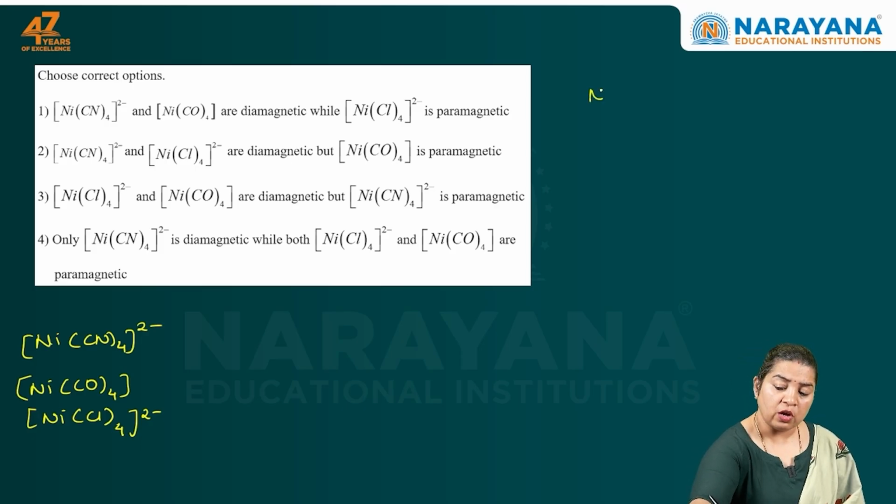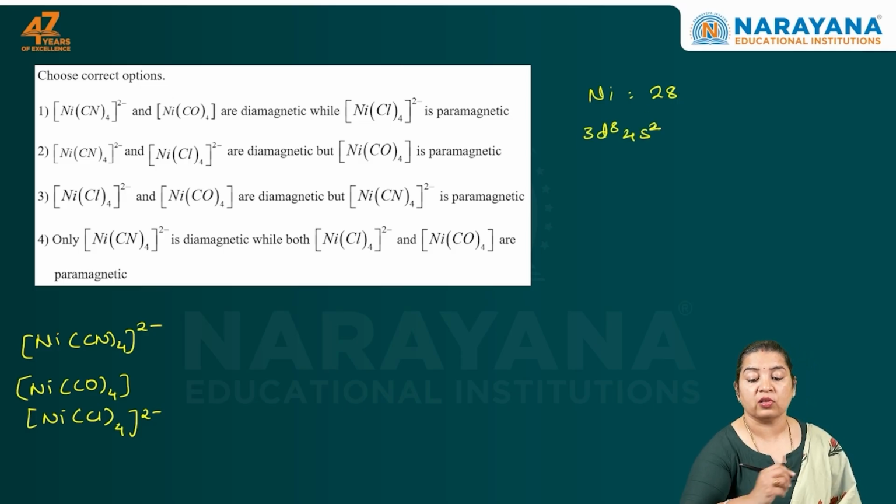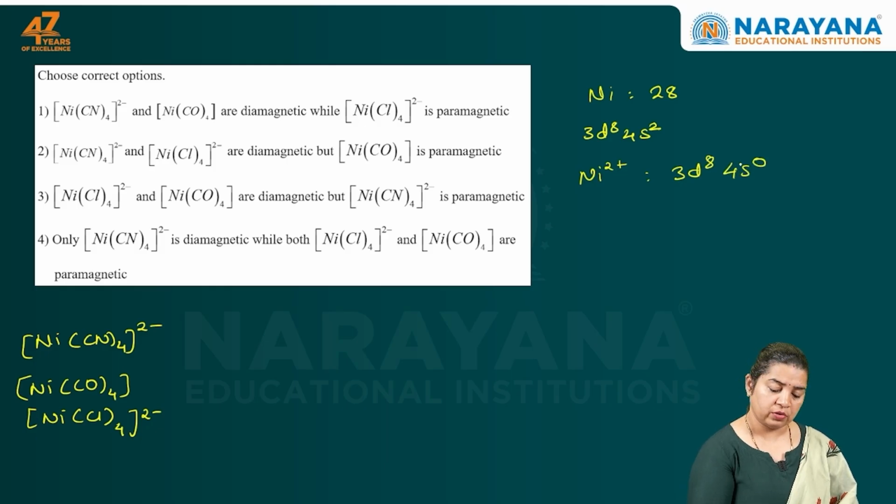So, nickel is atomic number 28, it is 3d8 4s2. And wherever it is nickel 2 plus, I will have 3d8 4s0.